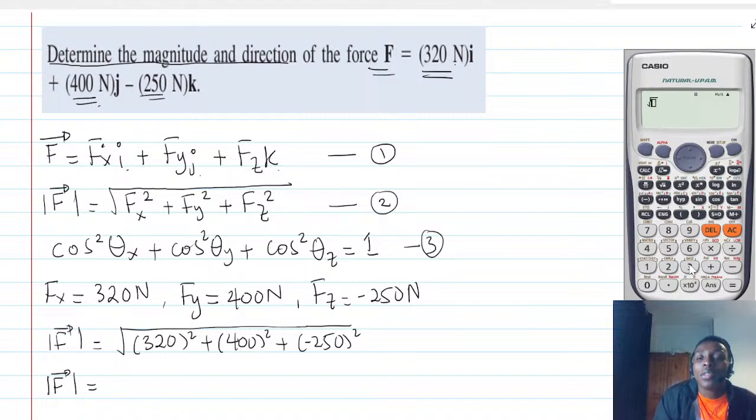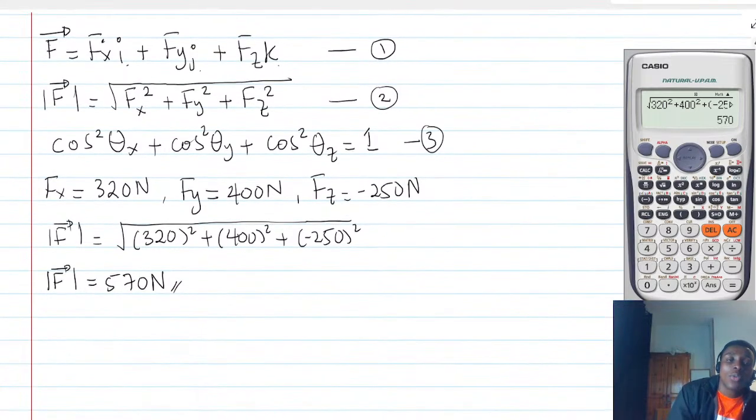Square root of 320 squared plus 400 squared plus minus 250 squared. So we get 570. So the magnitude of the force is 570 newtons.